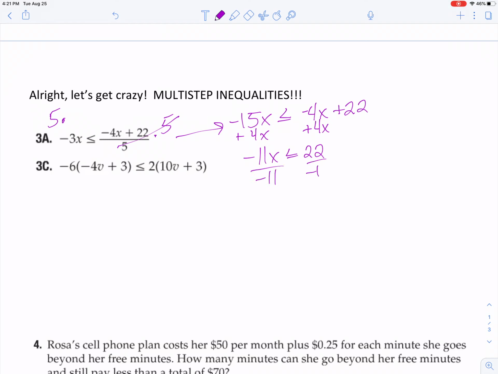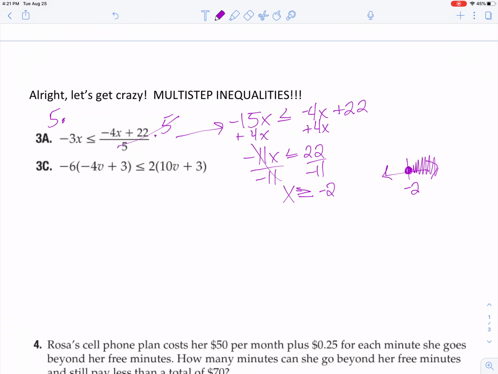If I divide by negative 11, oh, stop, it was negative. X is greater than or equal to negative 2. Circle or dot? This one would be a dot, extra ink, extra ink. X is bigger than negative 2, so shade to the right.